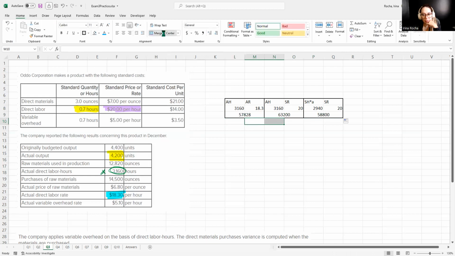And then they're asking for, if they were asking for the rate variance, that would be this minus this. And it doesn't matter if I do this minus this or this minus this, because I just have to check. Okay, look, the hours are the same. So this is the actual rate, the standard rate.